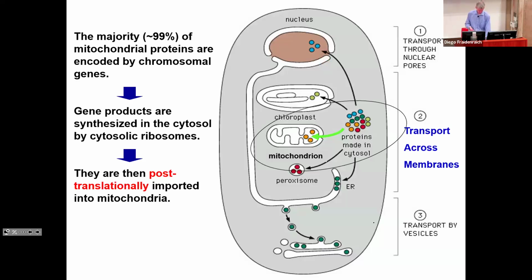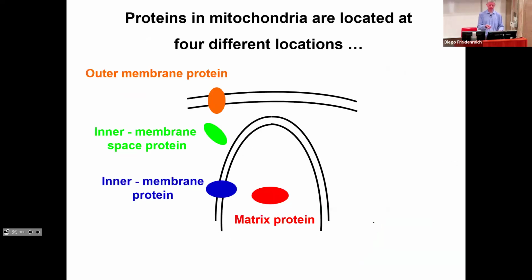So when proteins are imported into, say, mitochondria, you would see 4 different locations. There would be the matrix proteins, there could be outer membrane protein, inner membrane protein, or it could be somewhere in between.